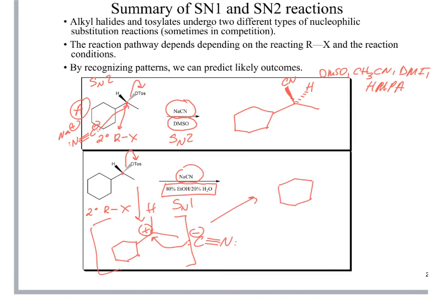So in the product, I will just draw a racemic structure without indicating R or S configuration at the stereogenic center.